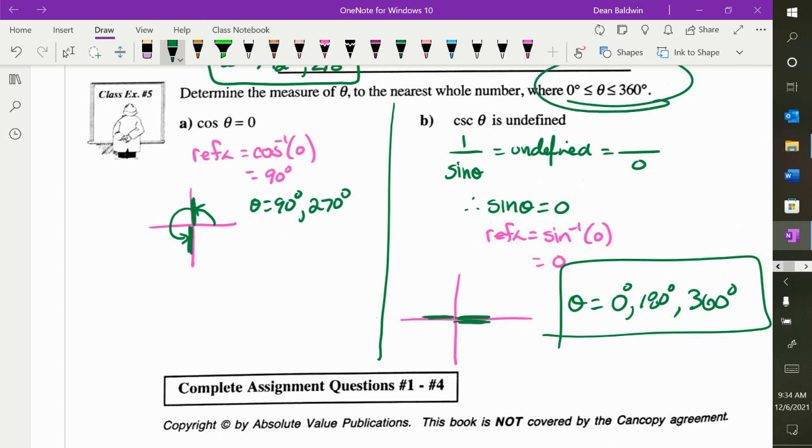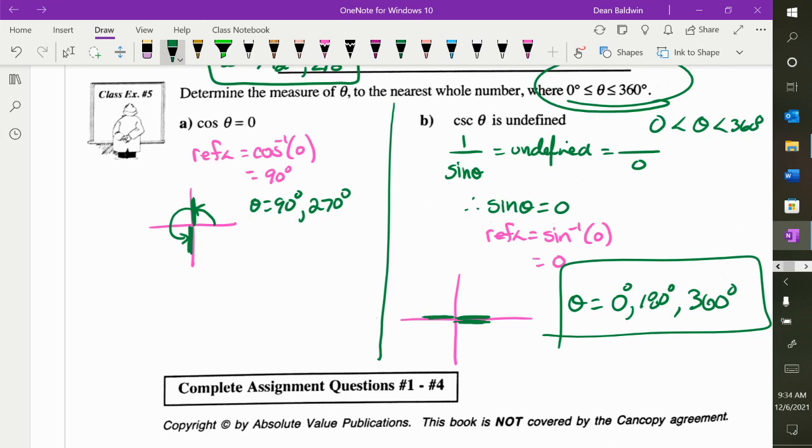Now, it's very important. This is why this matters. You've got to look at your domain restriction. What does that little line there mean? Less than or equal to. If it was this, now I won't do this on a test, but on all provincial exams they would do this. If I wrote theta is less than 360 but greater than 0, what is my only answer? 180.